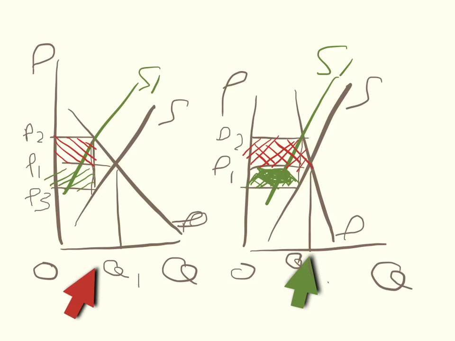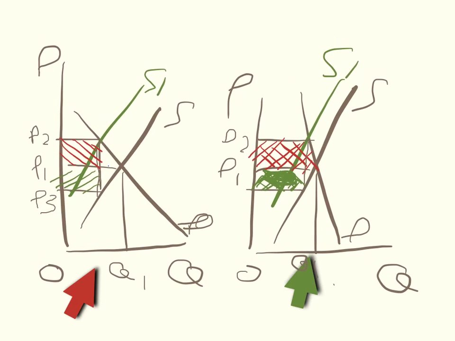What's quite interesting here, and quite hard to see in my diagram, is this area here, which I'm colouring in now. This area shows the difference in the quantity. You see, in a good which is price elastic, as soon as the price increases, consumers stop buying it.